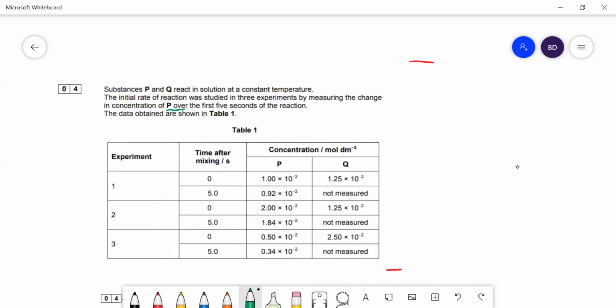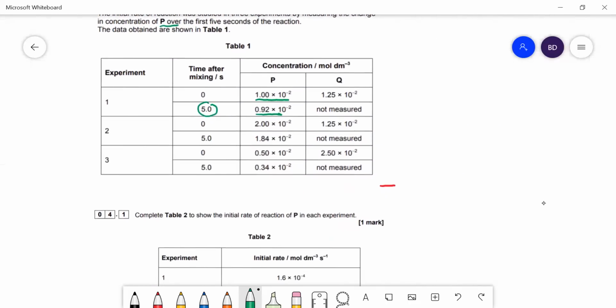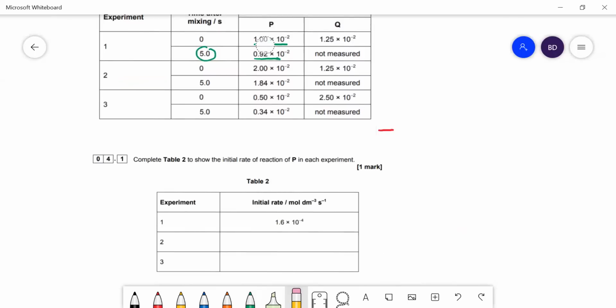So look, we've got concentration of P here, starts off at 1 times 10 to the minus 2, drops to that. It takes 5 seconds for that to drop. And we've got to use this to complete this table. It's a bit of an unusual question, and people are a bit thrown by it, even though it's pretty easy.